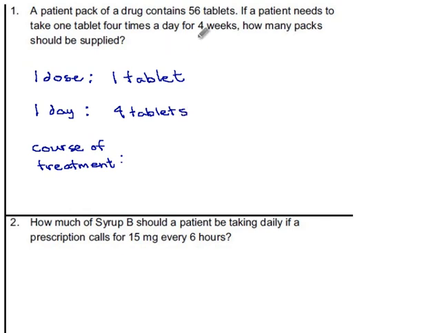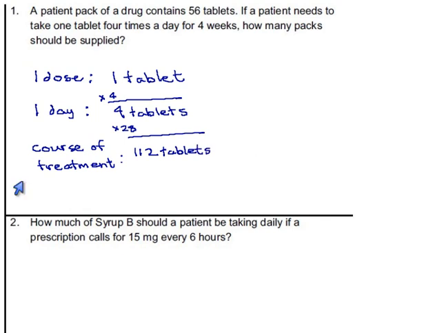And now 4 weeks, 4 times 7 is 28, so there are 28 days here. We went 1 times 4 to get our 4 tablets, times 28 gives you, I believe, 112 tablets that this person will need for the entire course of treatment.